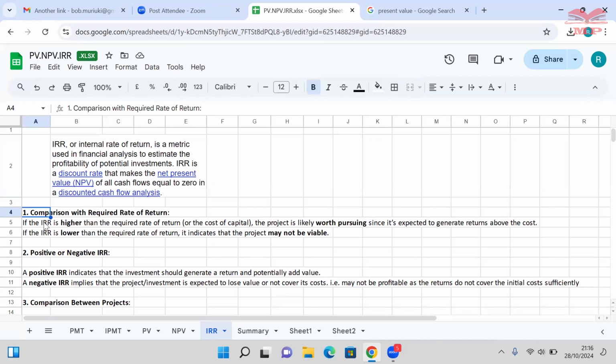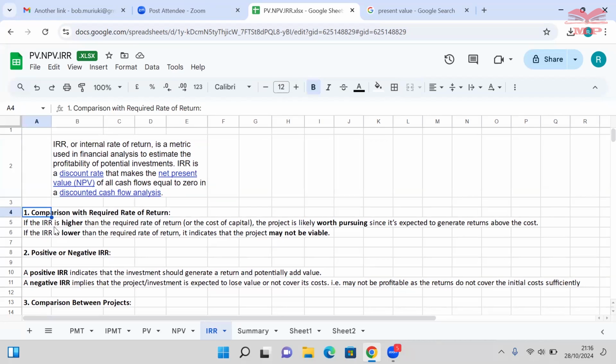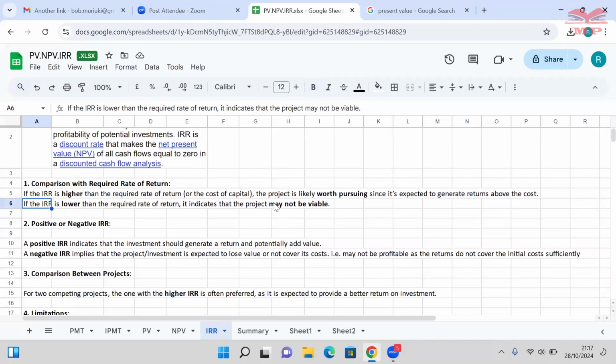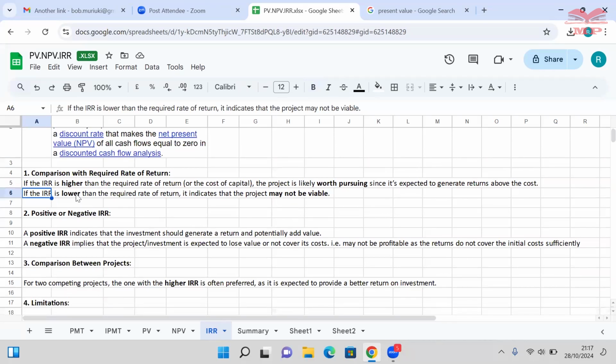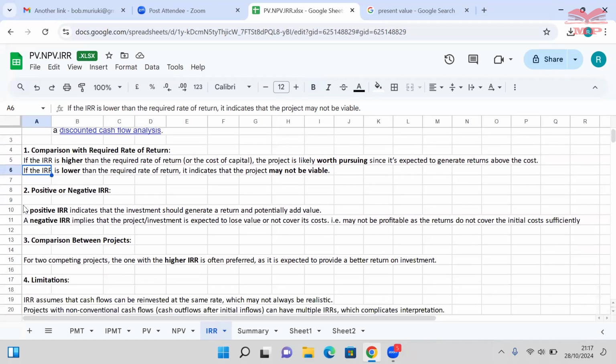Number one, if the IRR is higher than the required rate of return, the project is likely to be worth pursuing, since it is expected to generate returns above the cost. Okay. Then if the IRR is lower than the required rate of return, it indicates the project may not be viable. So these interpretations are important.